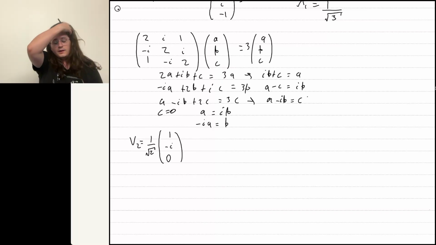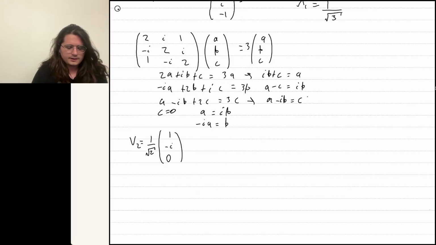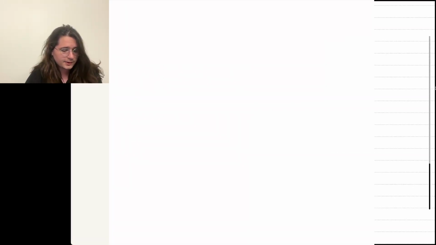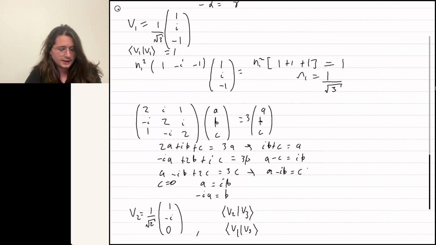Cool. What is V3? Well, my methodology for finding this was that V2 has to be orthogonal to V3, right? And also same thing with V1 has to be orthogonal to V3. And V1 and V2 thus far have both had an imaginary component in the second element.